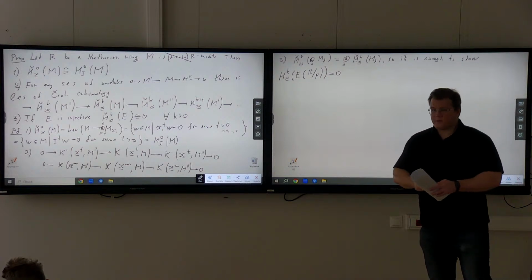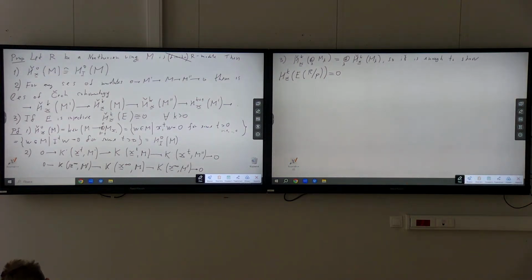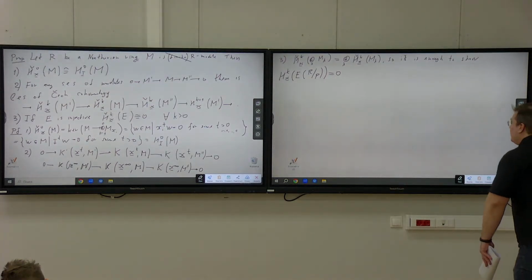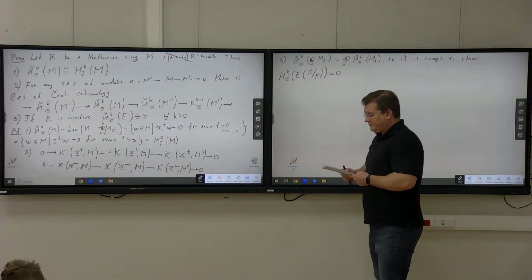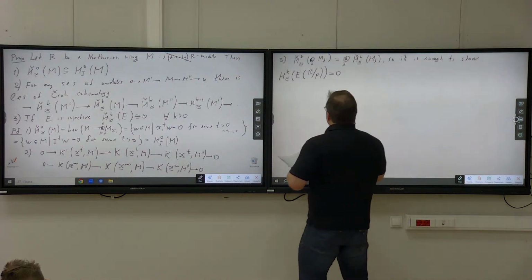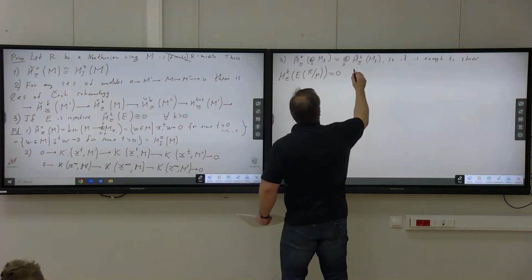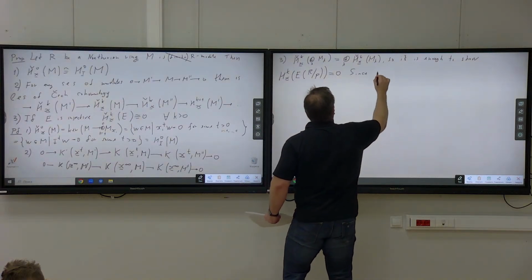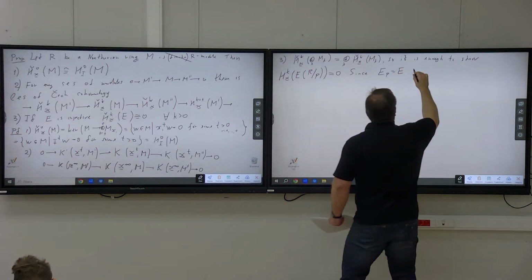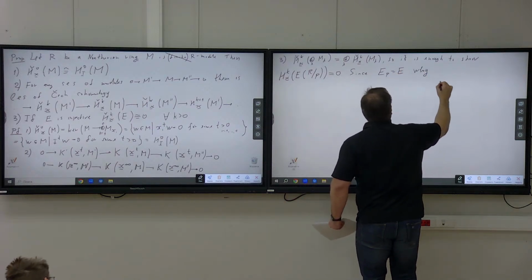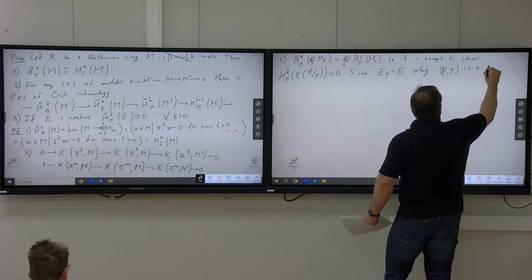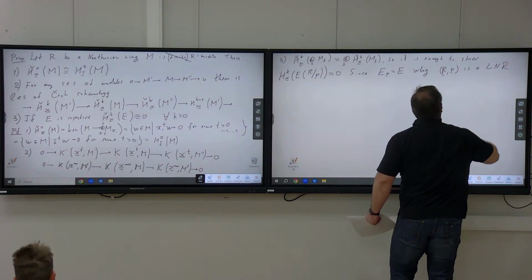Maybe it would be better if I write on the right. Okay, now since we know that if we localize, we'll get the same module, we can, without loss of generality, assume that R_P is a local Noetherian ring.